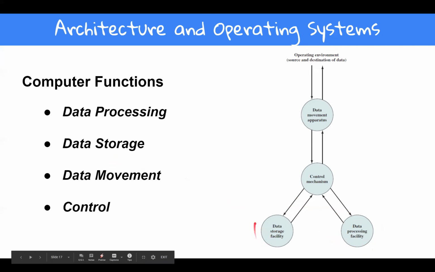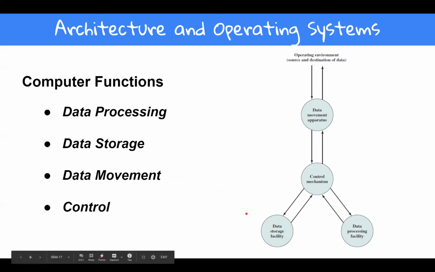We must be able to store the data. If you want to add two numbers like 4 plus 5, you've got to store the first number and then store the second number, do the operation, and then store the output. So data storage. We've got temporary data storage, we've got long-term data storage, and we need both of them. So data storage is another thing.